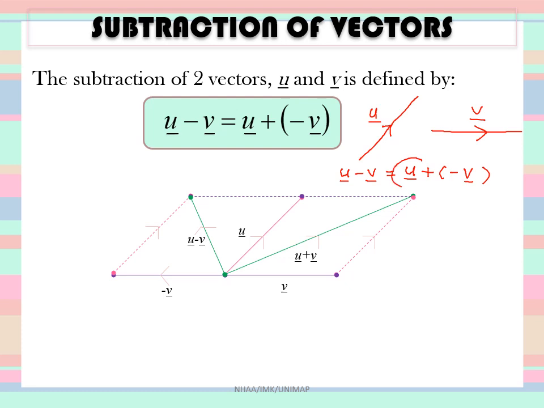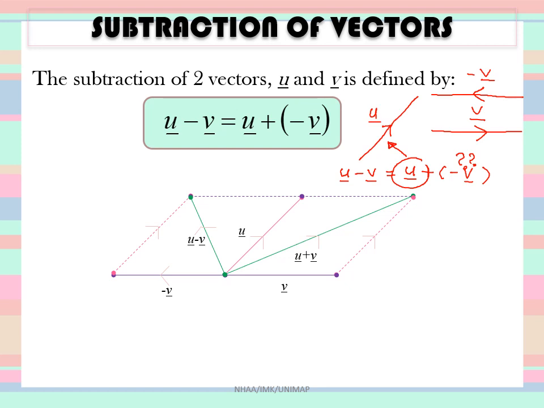We know already what is vector u, which is that. What is the vector negative v here? Vector negative v here is the opposite direction of this vector. So the length should remain, only the direction changes to that. Okay, so this is negative vector v.